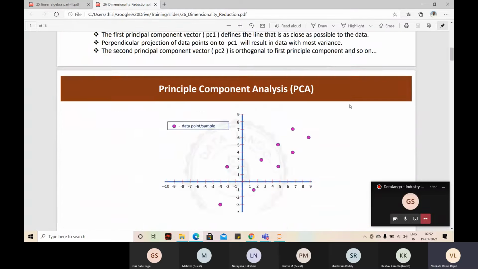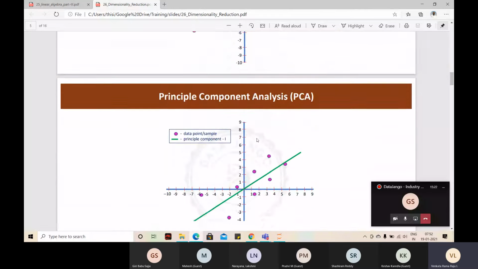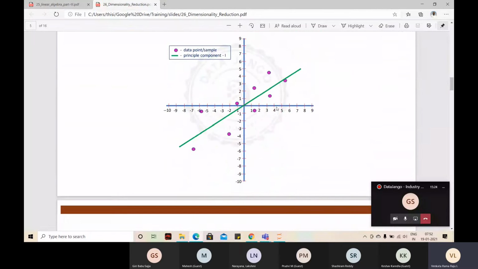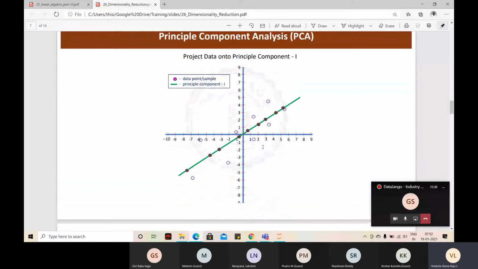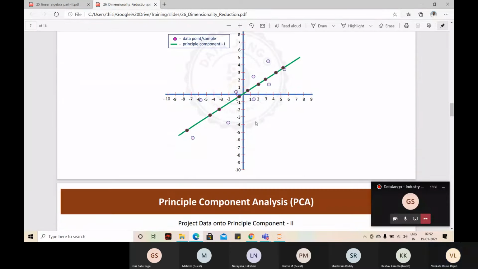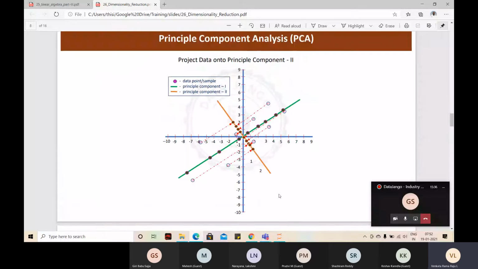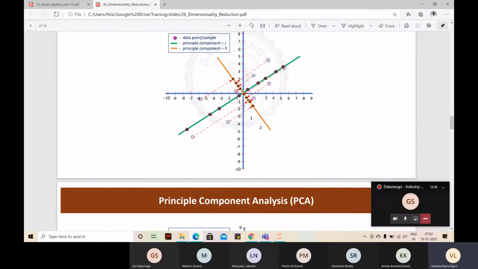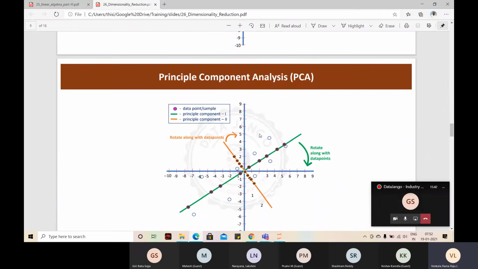Okay, like that. First we need to center the data, and then find out the first principal component. Then project them onto this, and then again project those onto the second principal component. If you have n number of features, n number of principal components you need to find. The principal component is the direction in which the essence is being extracted.